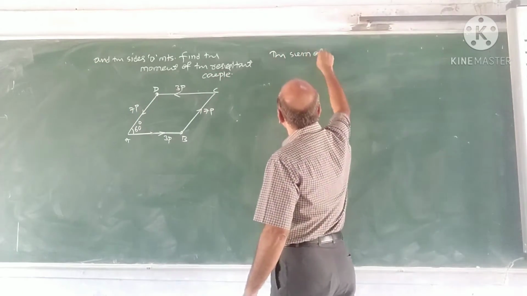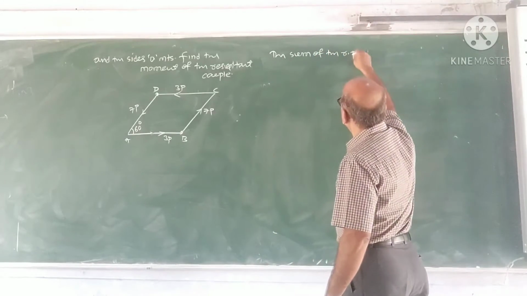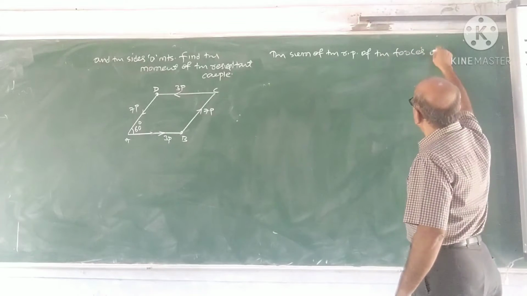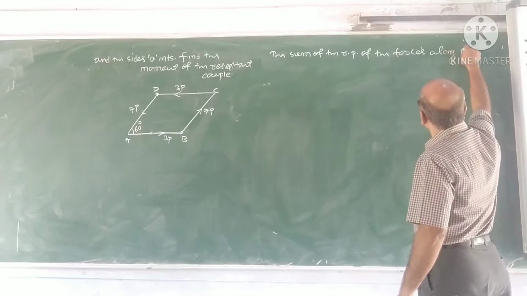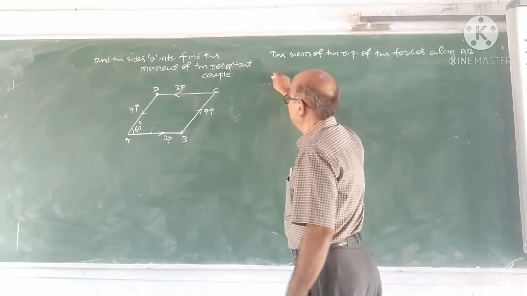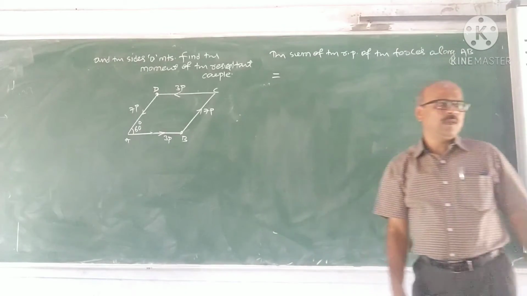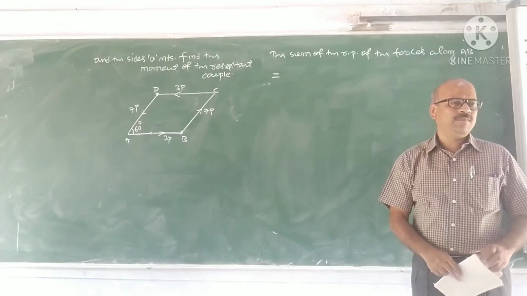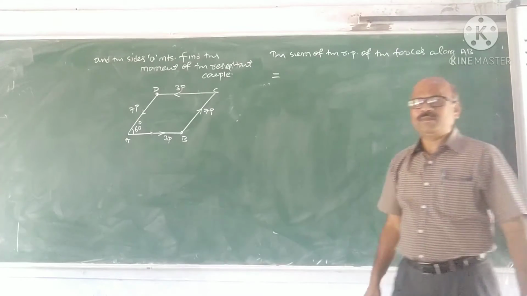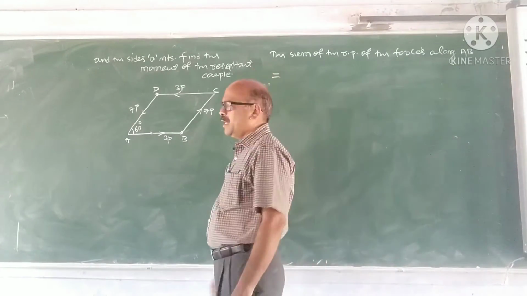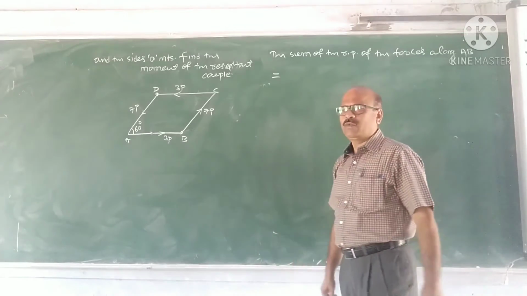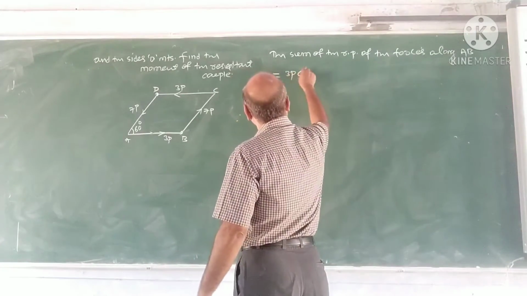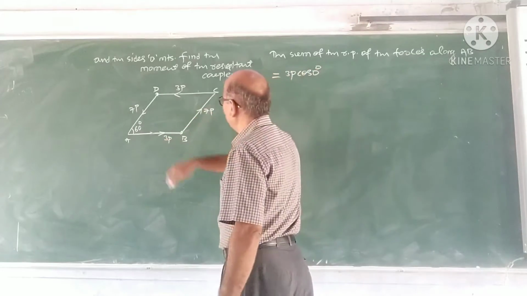The sum of the resolved parts of the forces along AB is, we require the angle made by the forces along AB. To find the sum of the resolved parts, we require the angle. First force is 3P cos 0, because along AB we have taken.